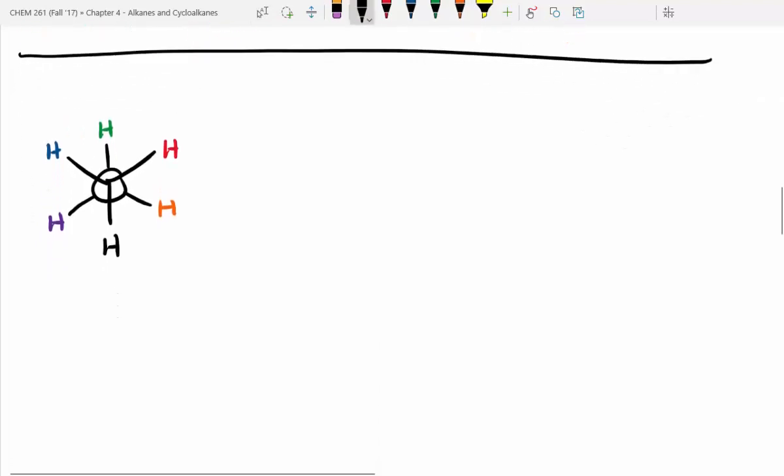This time what I want us to do, though, is to only rotate the front carbon. That back carbon is going to stay put, right? Okay? So I'm just going to show the back carbon static, and we're only going to rotate that front one.